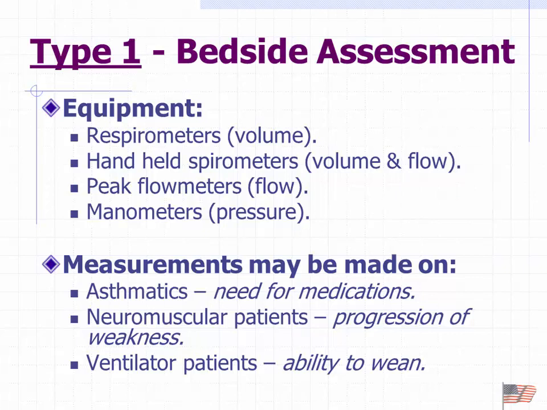And we'll also use it on our ventilator patients to assess whether or not they're ready to be liberated from that ventilator. So every morning we'll do an assessment of where they're at breathing spontaneously. It's called the spontaneous breathing trial. We want to say, can they come off the ventilator today? Or is it another day we're going to have to stay on the vent?